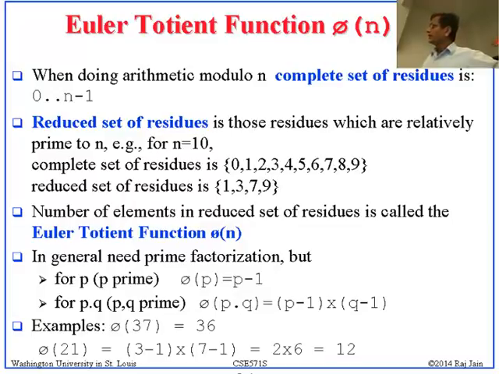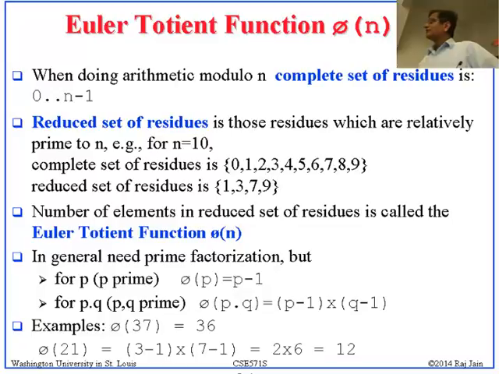What you get is 1, 3, 7, 9. This is the reduced set. These numbers are relatively prime to n, because 1, 3, 7, 9 have no common factors with 10.